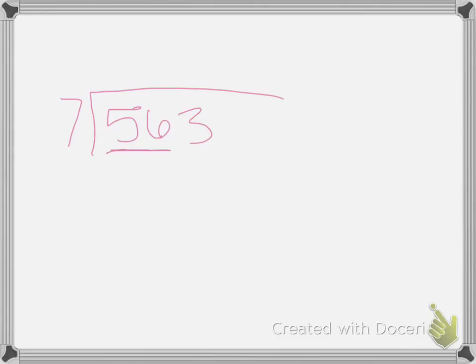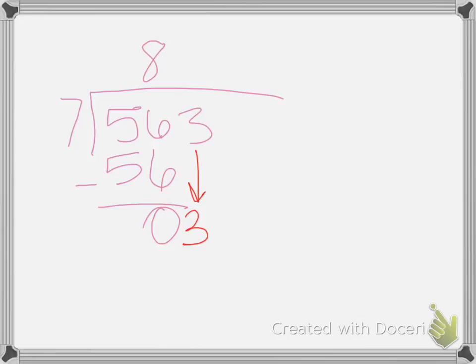So I have to say, how many times does 7 go into 56? Well, I know that 7 times what is 56? Right, 7 times 8. 7 times 8 is 56. 56 minus 56 is 0. But remember, I have to drop down the 3. And I have to ask, oh, I have 2 numbers down here.